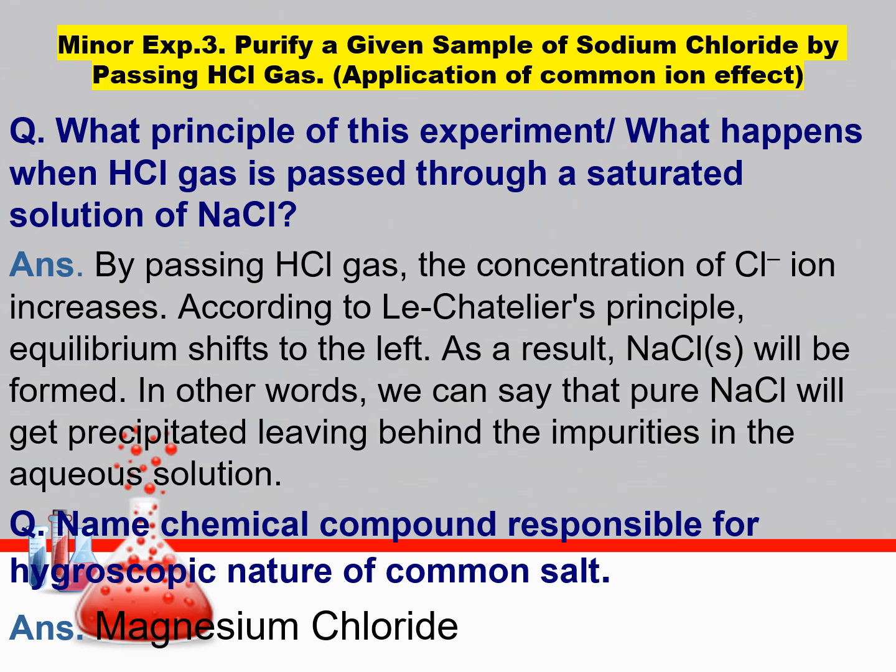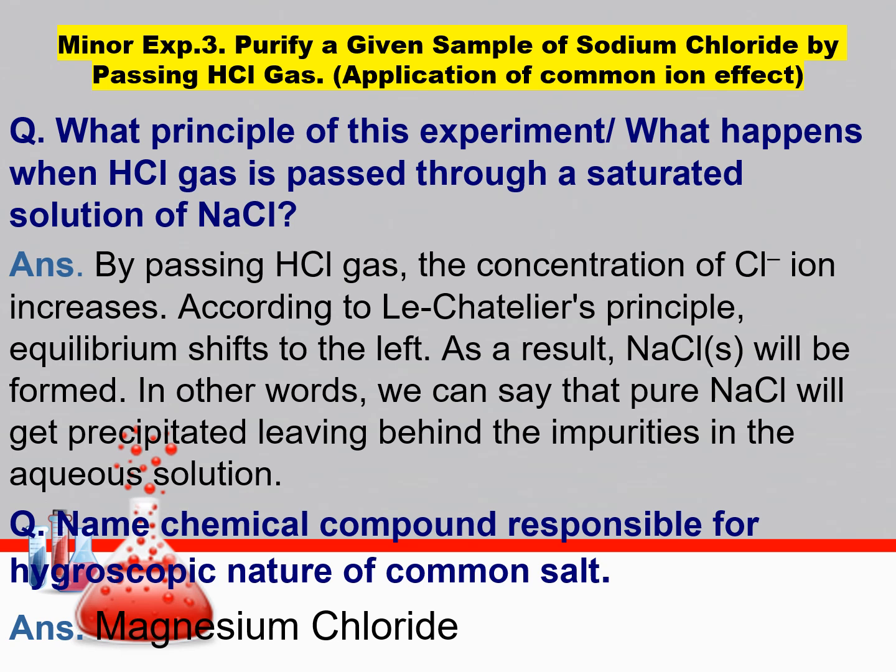As a result, NaCl solid will form. In other words, we can say that pure NaCl will get precipitated, leaving behind the impurities in the aqueous solution. So this is the result of this experiment. At the end of experiment, you will get the pure NaCl.